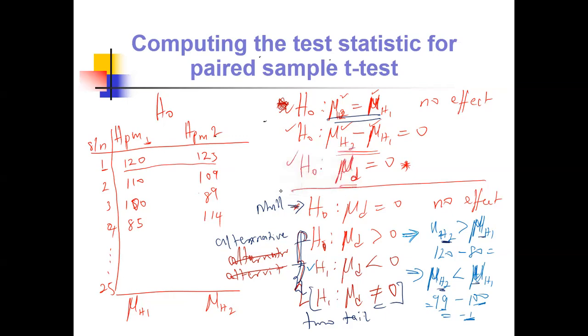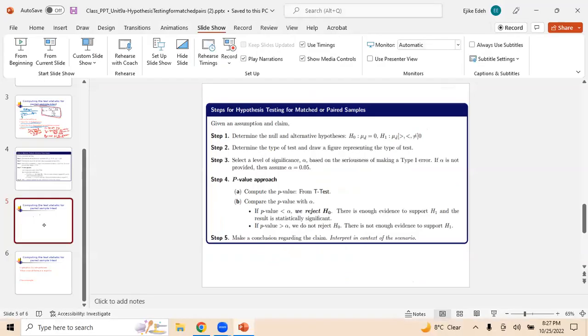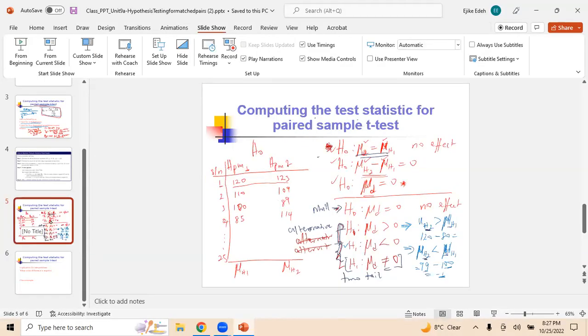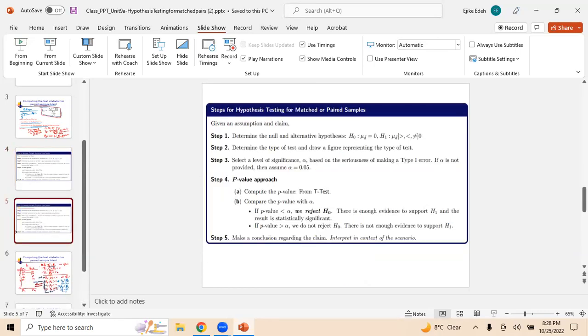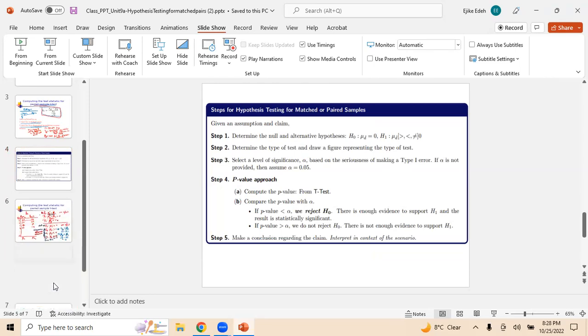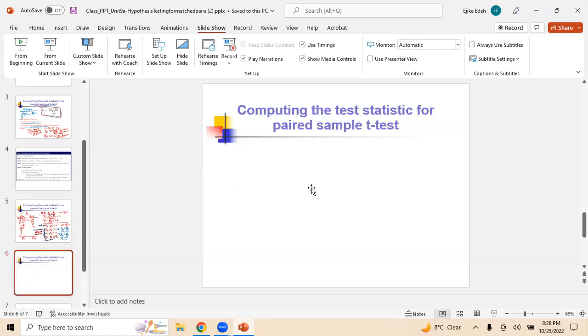In summary, let me get a new slide and just summarize that. Okay, just write it without the paintings. Okay, so step 1, your null hypothesis could simply be stated as H0, that the difference in the two population means is equal to 0.